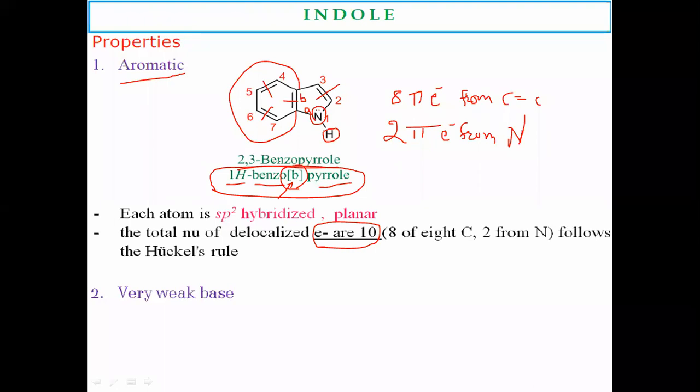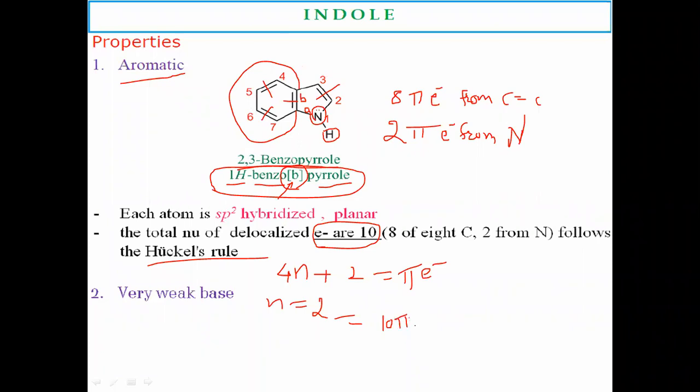So, as per the aromaticity rules, the compound should be cyclic in nature, have alternate single and double bonds, and pass Huckel's rule of 4n plus 2 pi electron system. Here n is equal to 2. So indole shows a total 10 pi electron system.